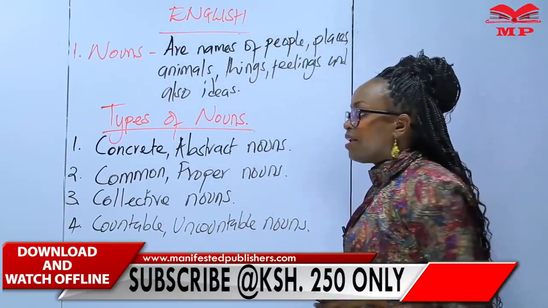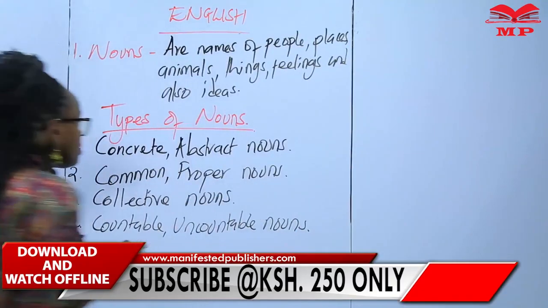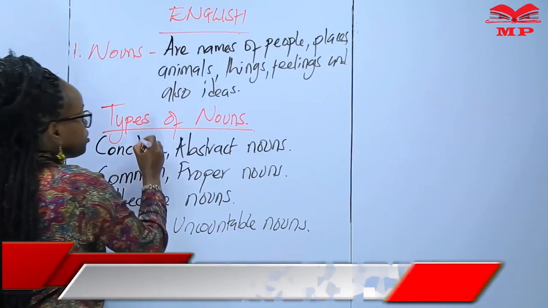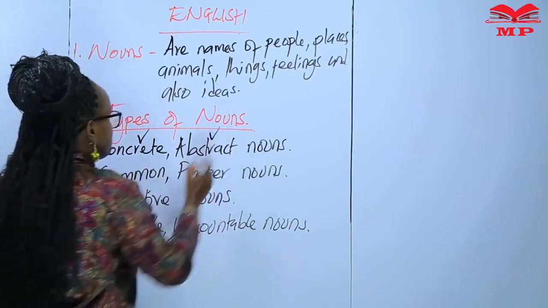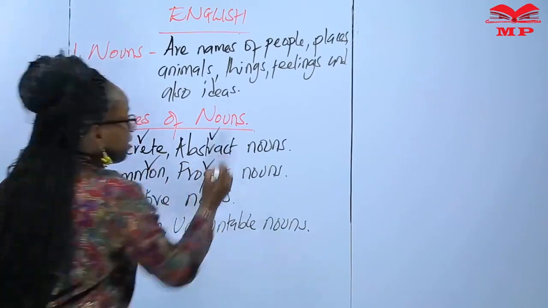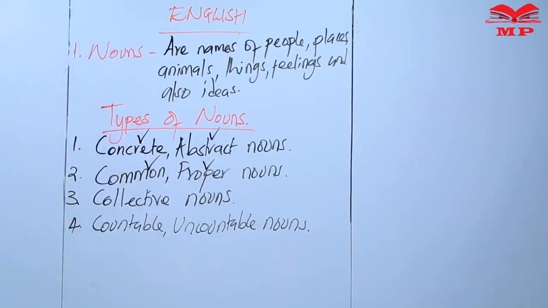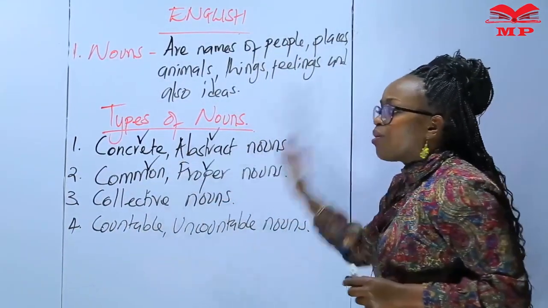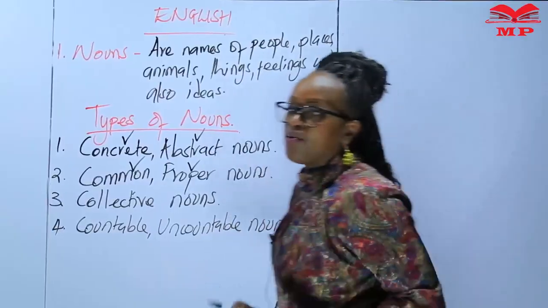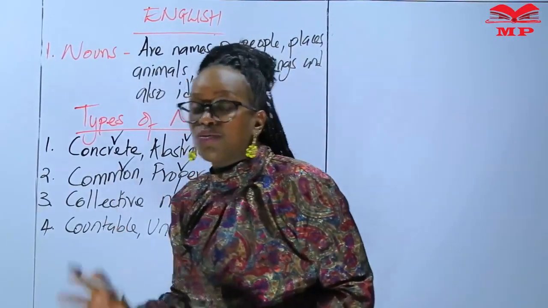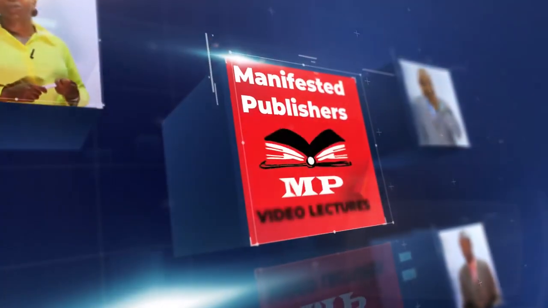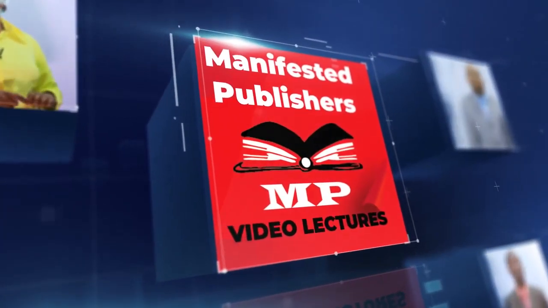In this particular lesson, I want us to concentrate on these 4 types of nouns: the concrete, the abstract, the common, and the proper nouns. First and foremost, I'm going to start, of course, with the definition. What is a concrete noun? What qualifies a noun to be a concrete noun?